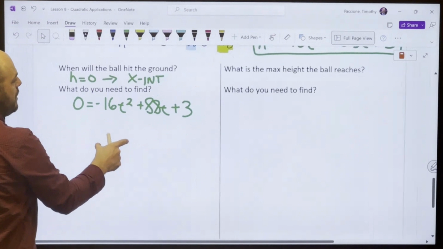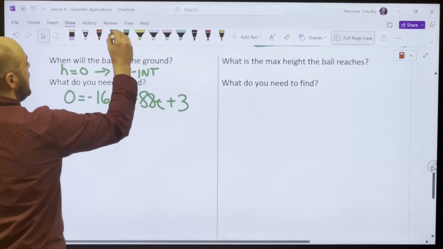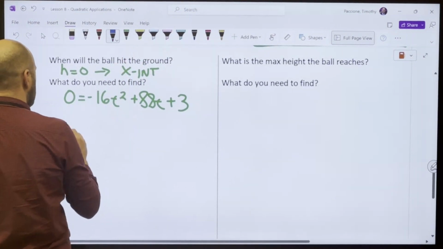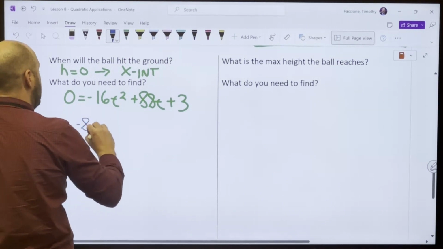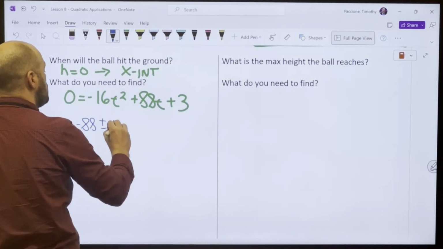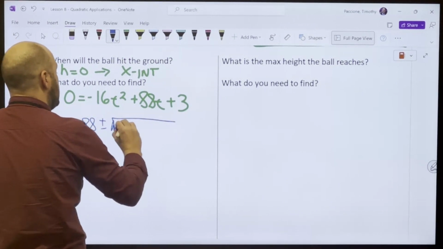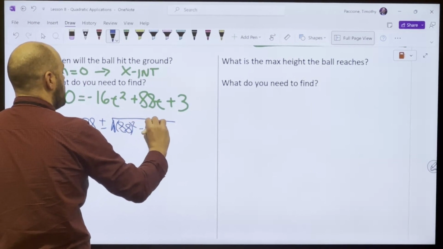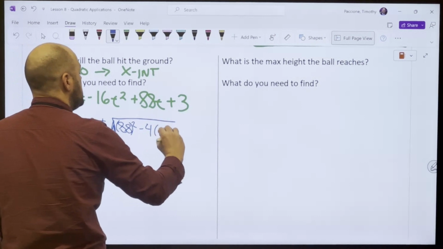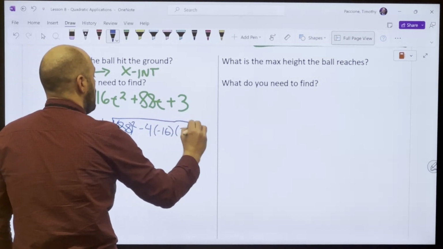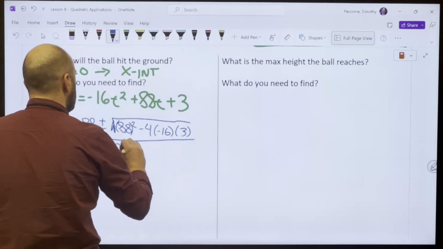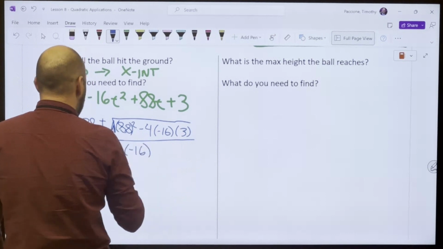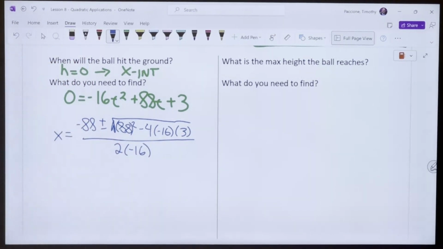Okay, so we want to use the quadratic formula here. So I would say, okay, x equals negative 88 plus or minus the square root of 88 squared minus 4 times negative 16 times 3 all over 2 times negative 16. And you absolutely want to pick up a calculator.